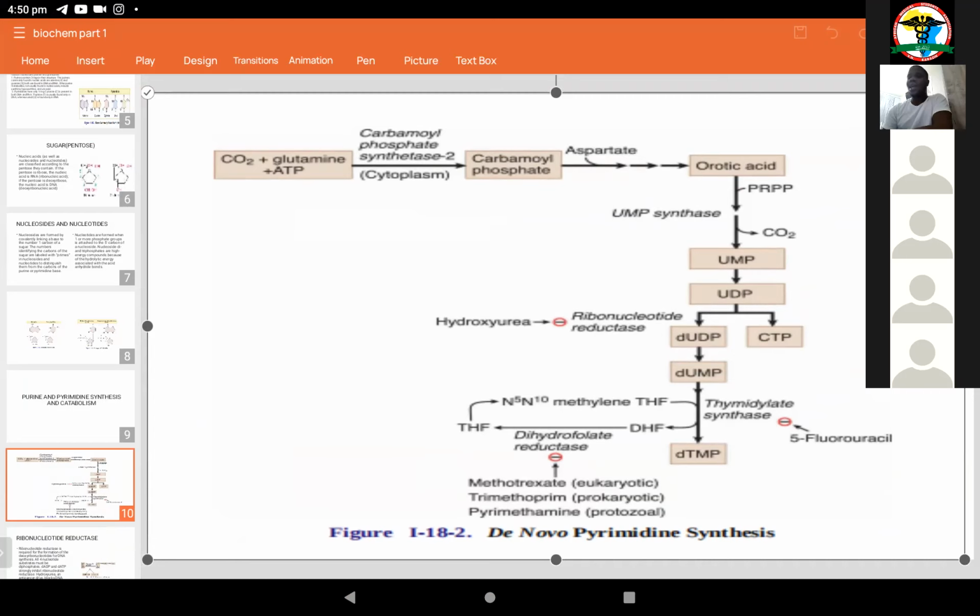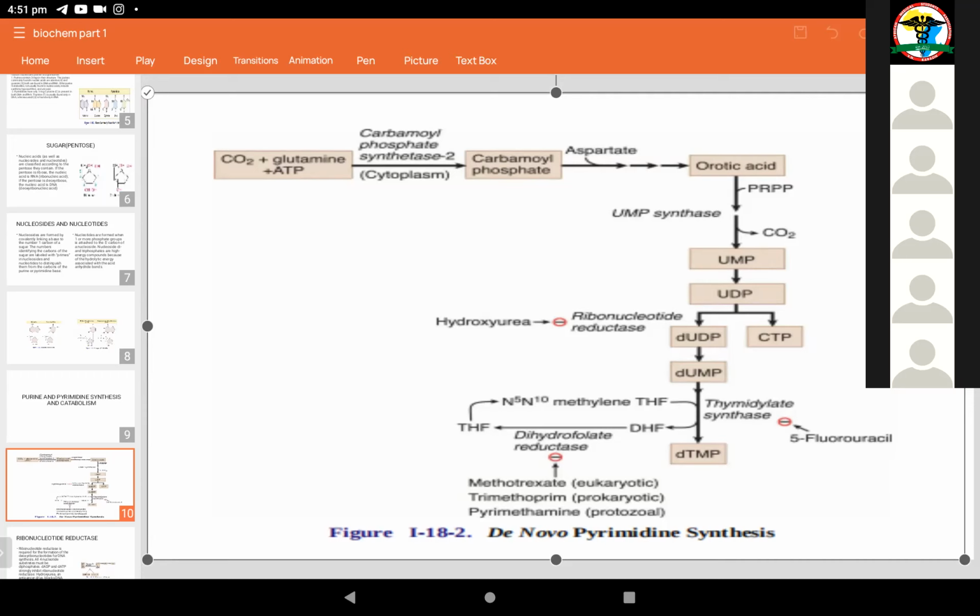So you have to know that hydroxyurea inhibits ribonucleotide reductase, 5-fluorouracil inhibits thymidylate synthase, and we have methotrexate, trimethoprim, and pyrimethamine that inhibit the dihydrofolate reductase. Do you guys understand? Yeah. So it's very, very important.